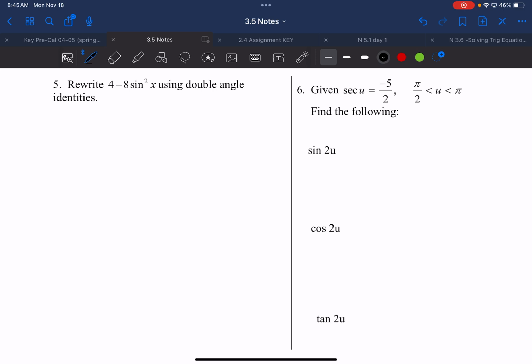Take out a 4. Let's do that. So if I take out a 4, I'd be left with 1 minus 2 sine squared, right? And according to the front, what are we allowed to rewrite or replace 1 minus 2 sine squared with? So this would be 4 times cosine of 2x.